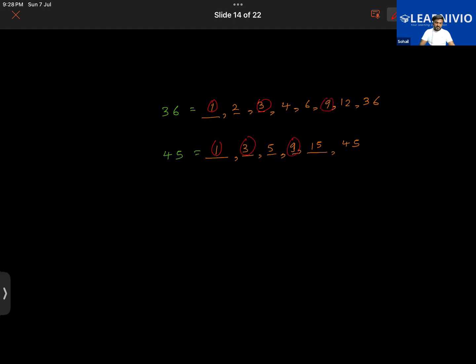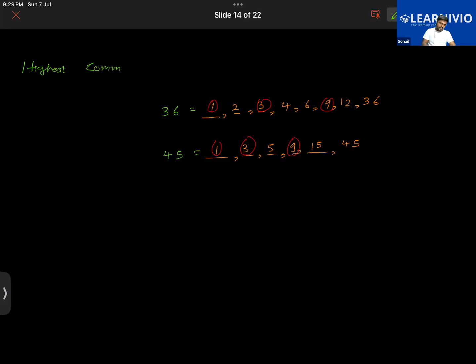After 9, is there any other common factor? No. So out of the common factors 1, 3, and 9, which is greatest? Of course, 9 is greatest, isn't it? So that is called the greatest common factor or highest common factor.